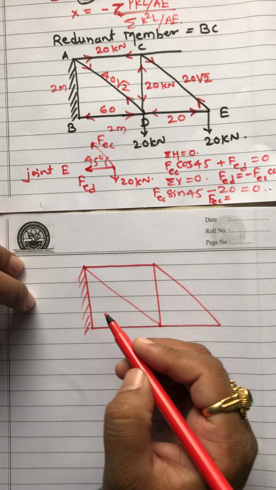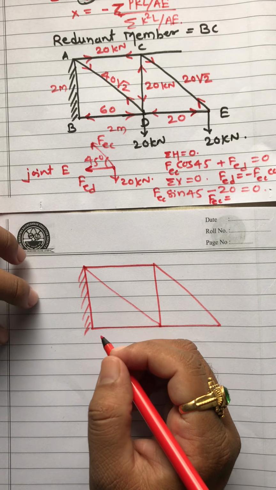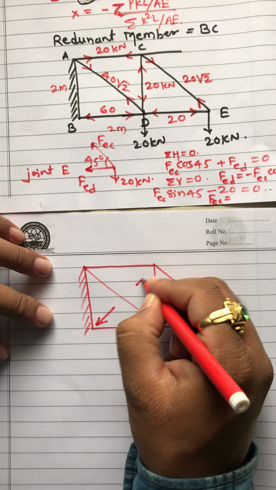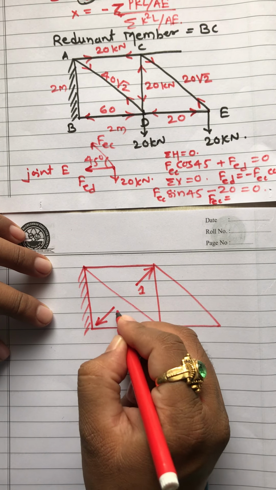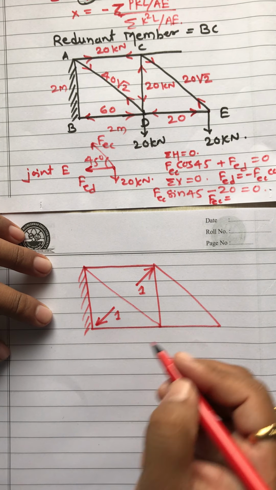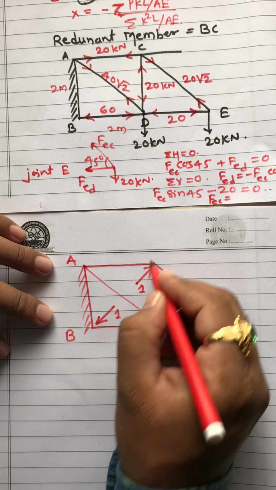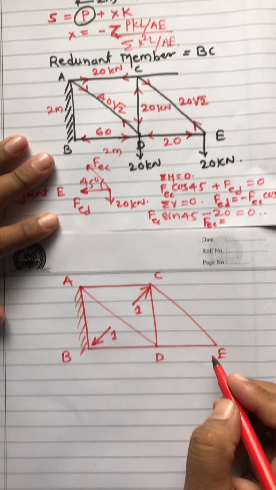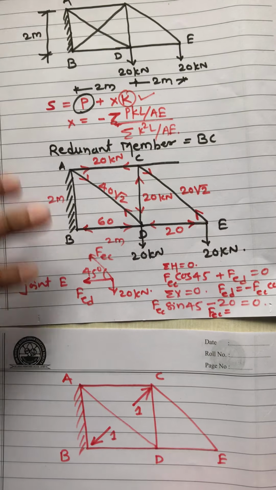Now what we have to do? We have removed this redundant member. Now we have to add the unit force along this redundant member, this one unit force. Okay, and then we have to find out the member forces. That is what we call the K forces.